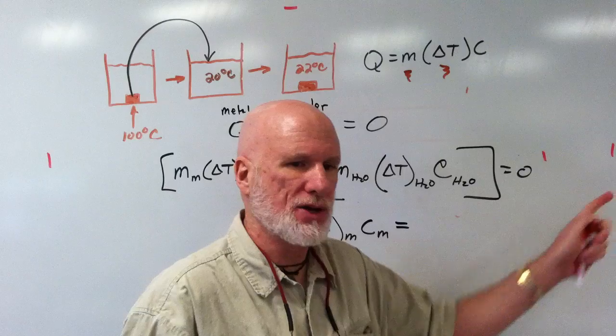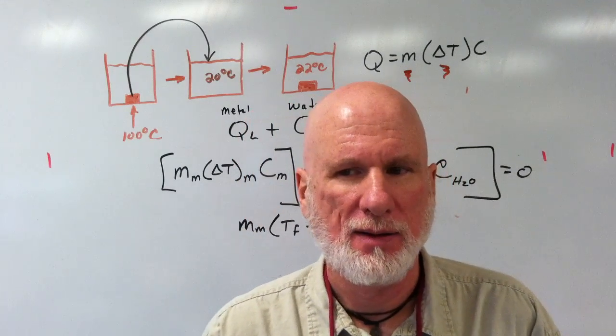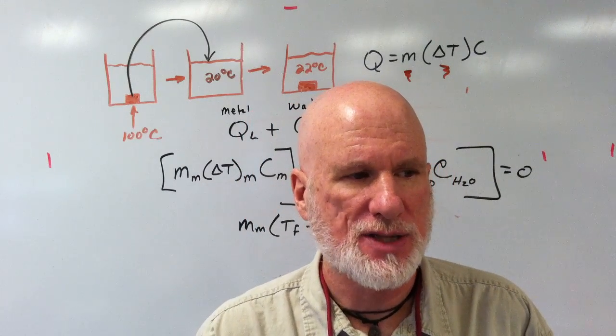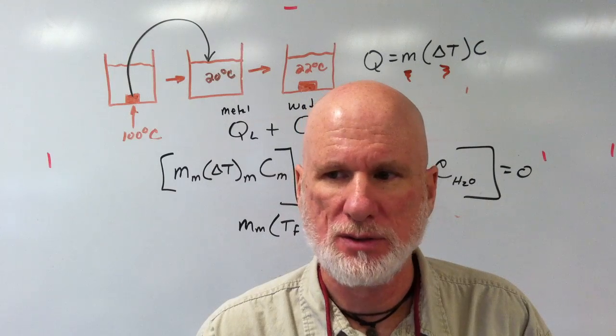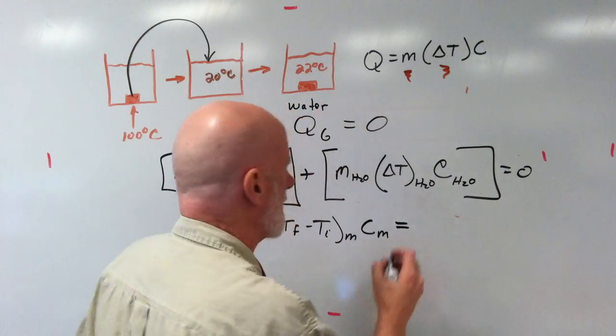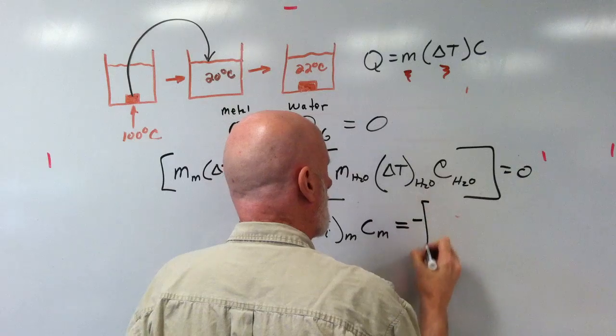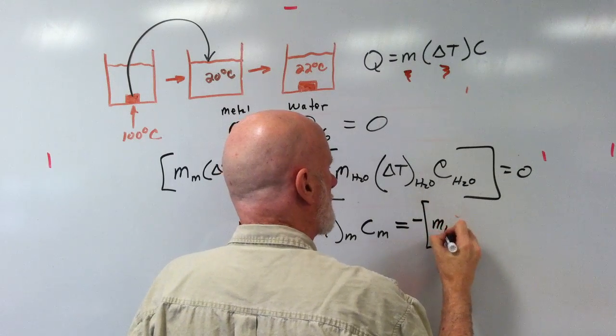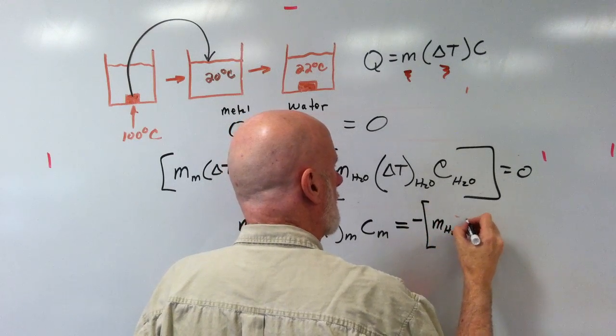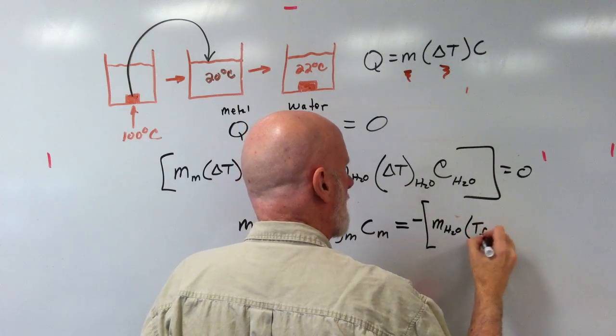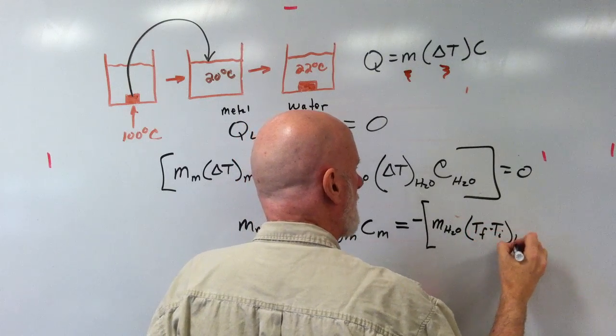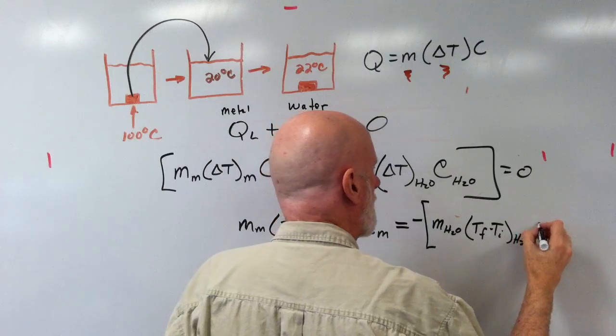If I'm putting that to the other side, what do I have to do according to algebraic rules? I have to subtract it, right? So it's going to be negative the mass of the water times (TF minus TI) of the water.